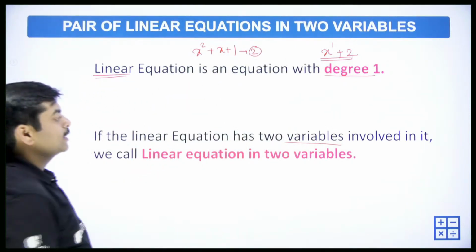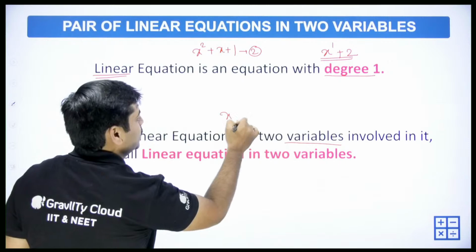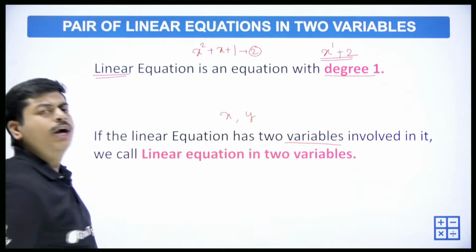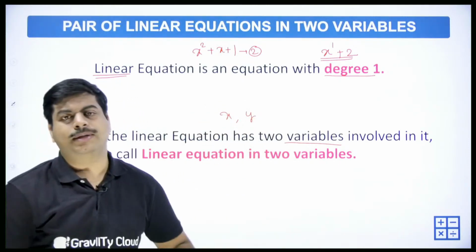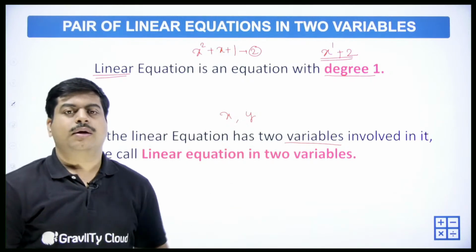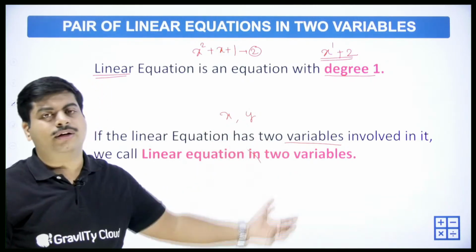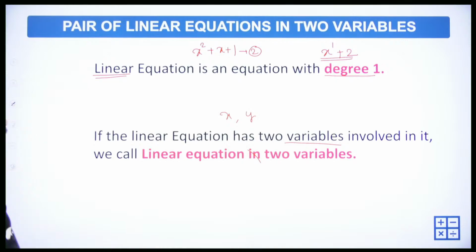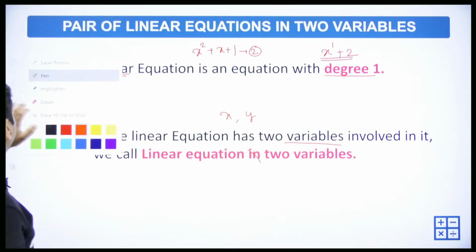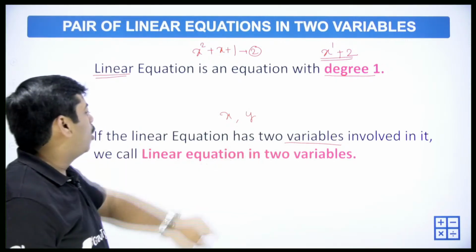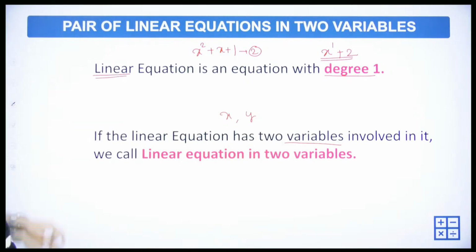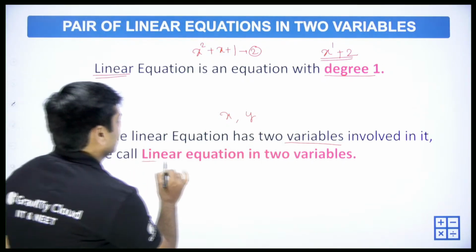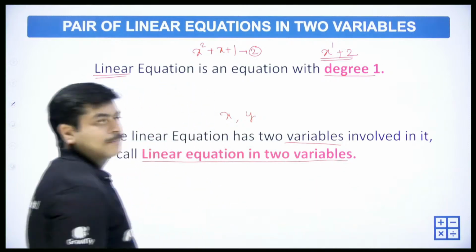But now if both x as well as y are there in the equation, and not only x and y, you can take any 2 variables, a and b, p and q, depending on the situation, then if the linear equation has 2 variables involved in it, we call it a linear equation in 2 variables.